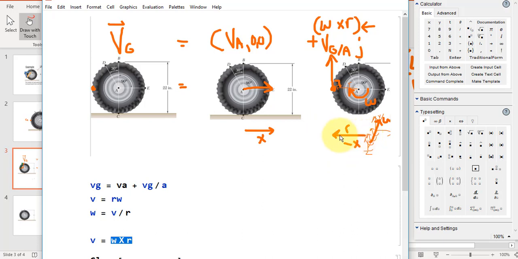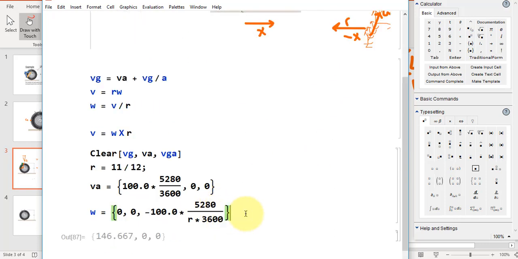So we look at the XYZ positions of R, from the axis of rotation to the point we're interested in. In this case, we're going from point A over to this point over here, so we're going in the negative X direction. So let's go ahead and define R. We say negative 11 divided by 12, right? That's our R.